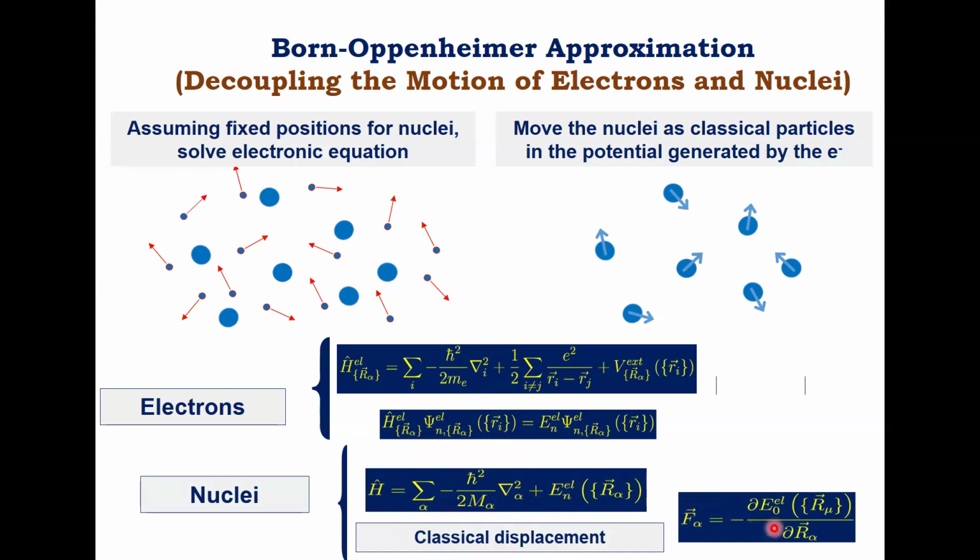That is the change in the electronic energy with respect to the displacement of the nuclei. So what is the change in the electronic energy when you displace the nuclei? That gives you the force on the nuclei. That force can be added later on in the whole energy term.